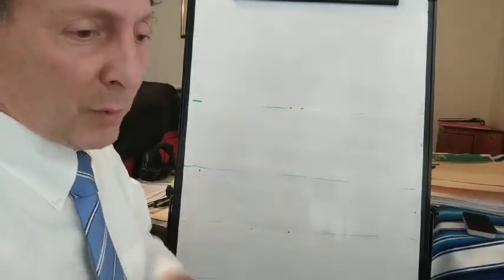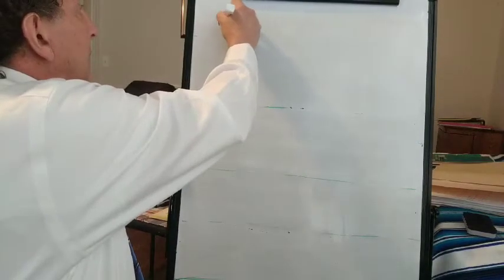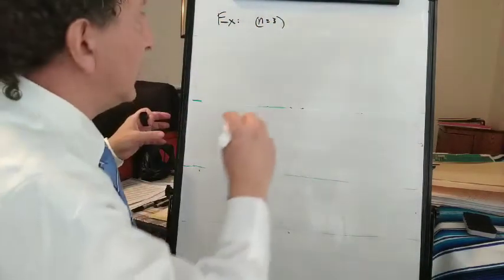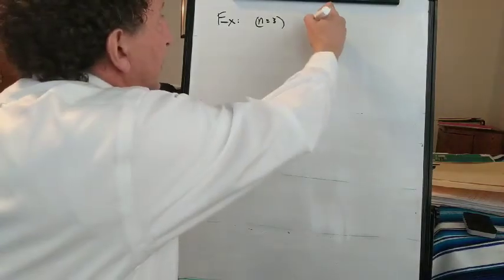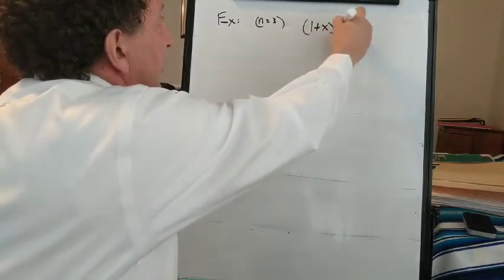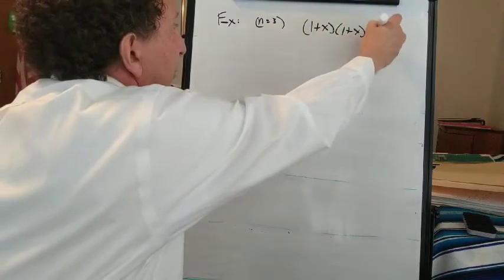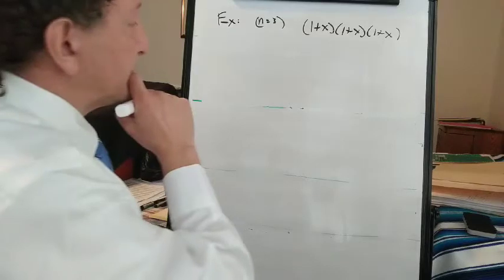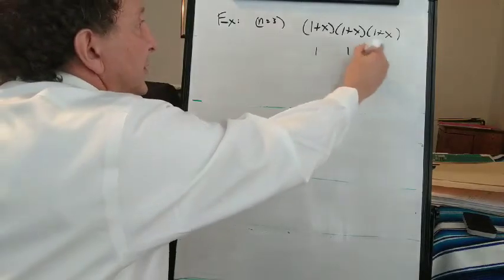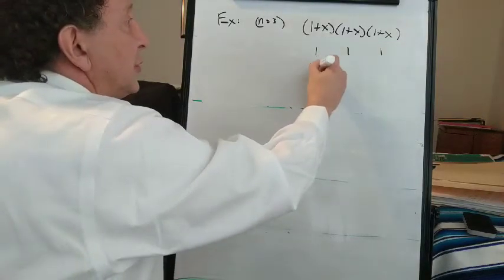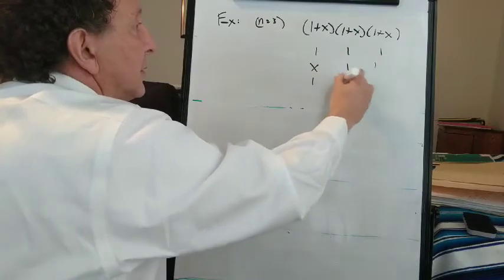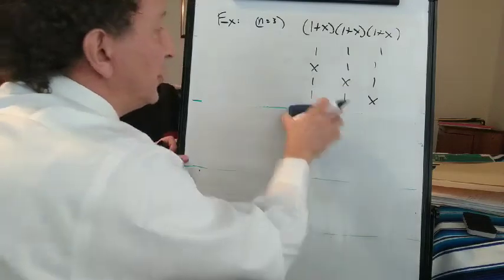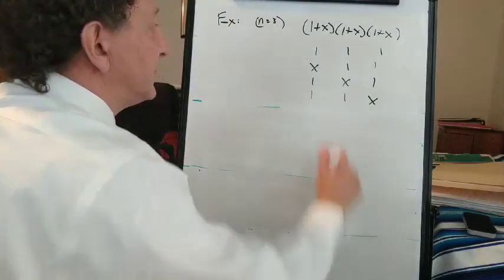All right, let's do an example with n equals 3. So we have (1 + x) times (1 + x) times (1 + x). And we could choose 1s from all the factors, or choose 1 x and 2 1s, or choose 2 x's and a single 1.